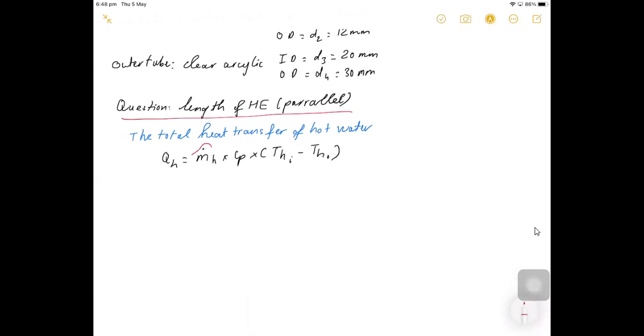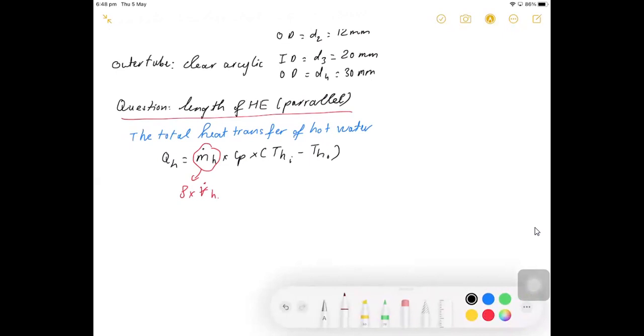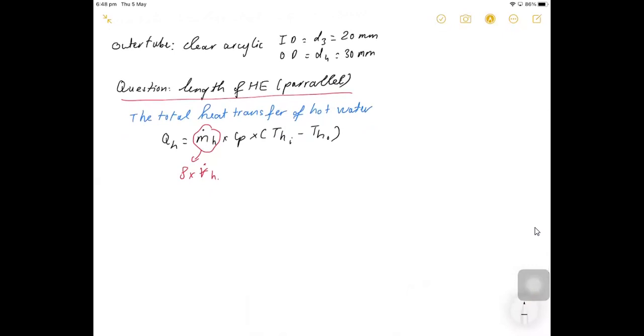CP is a property of water, so it depends on the temperature. In this case, we will use the average temperature of the hot water, so we have to find the average temperature of the hot water.